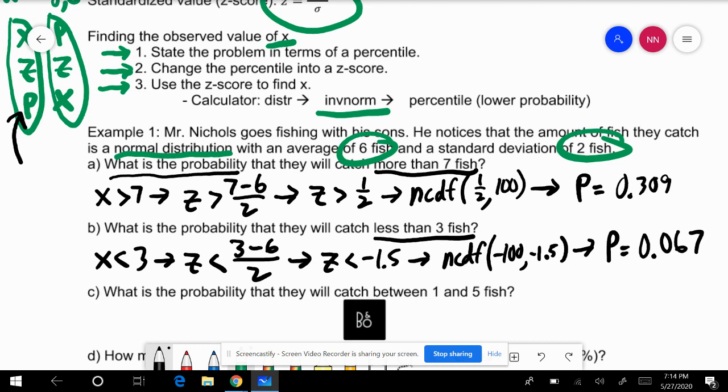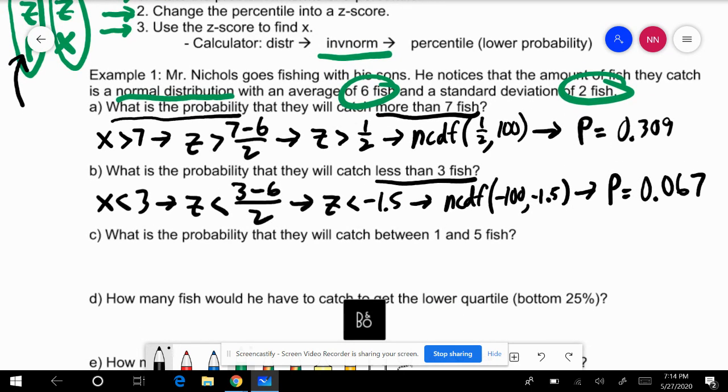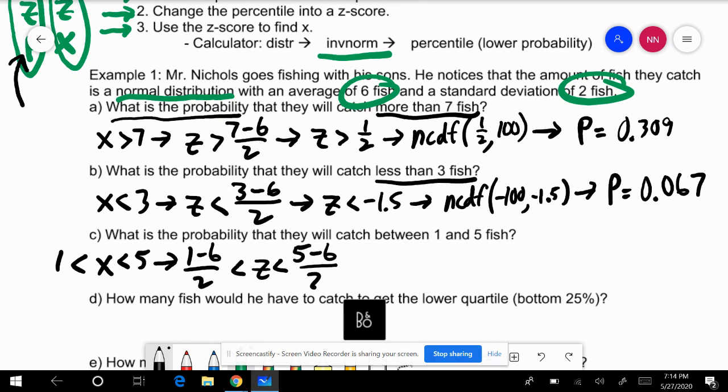Now, there's 3 different ways of solving for the x. Either it's greater than, less than, or it's in between. Those are the only 3 possibilities. So in between 1 and 5. That means if our x is in between, our z also is in between. 1 minus 6 over 2 and 5 minus 6 over 2. We're going to simplify it.